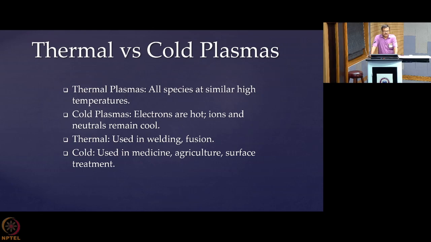So we are categorically excluding the fusion plasma because that is completely a different branch of plasma, way different from these thermal and cold plasma areas, because the kind of temperature you will be handling there is 1 million degree Kelvin, and the temperature that we will be handling in thermal and cold plasmas is well below say 50,000 degree Kelvin for gas temperature, or even for electron temperature as well.